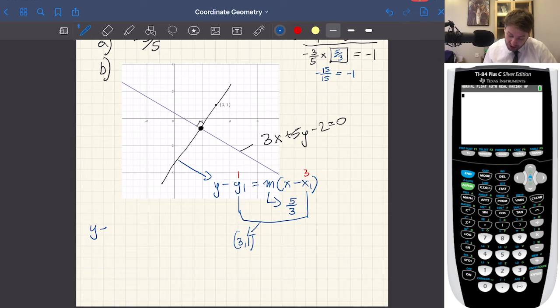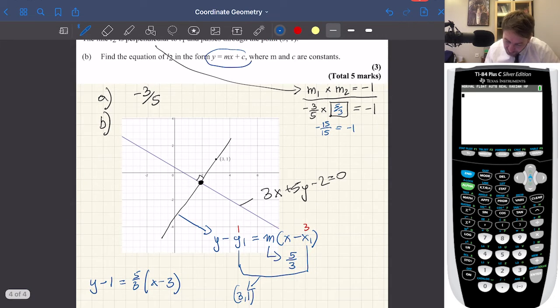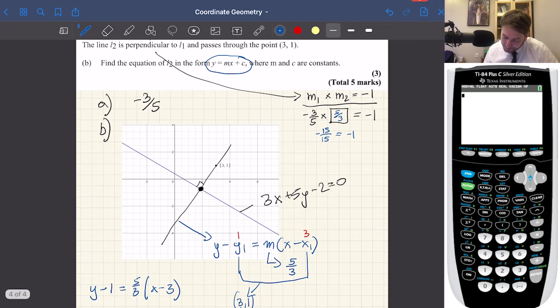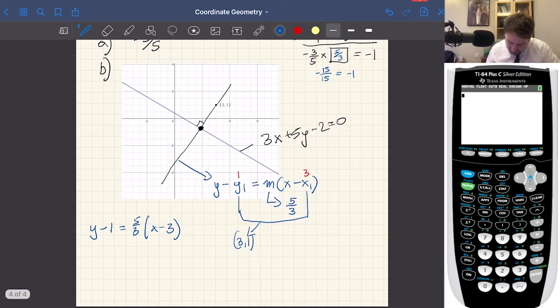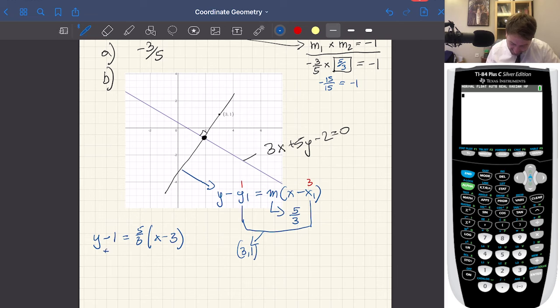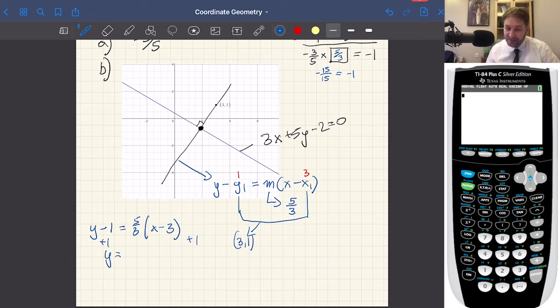Therefore, this is going to be y minus 1 equals 5 over 3 times x minus 3, because the x coordinate is 3. Okay, we need to present this in this form where m and c are constants. So they don't say integers, they just say constants. All right, so we are just going to add 1 to both sides to get that 1 on the other side, and expand the brackets at the same time.